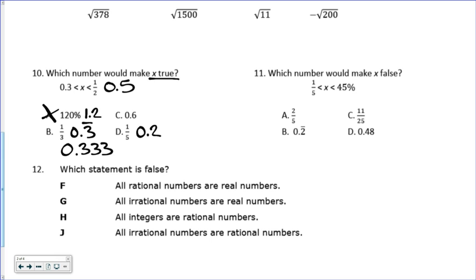So that one falls, it is greater than 0.3 and less than 0.5. I'm going to keep going to double check that my work is correct. 0.6 is greater than 0.5, and 0.2 is less than 0.3. So the correct answer should be B.